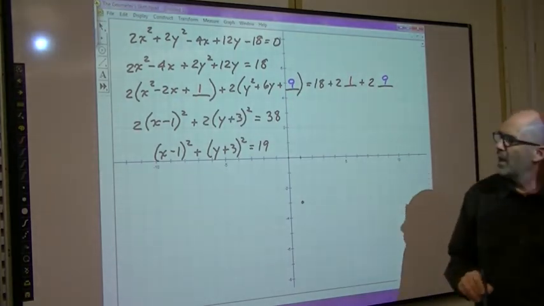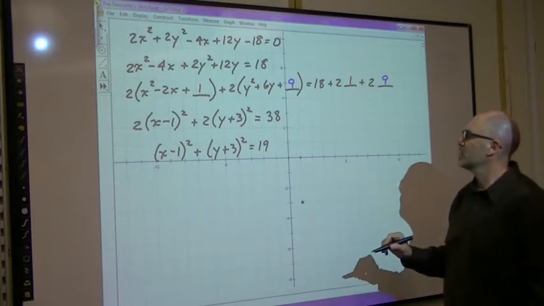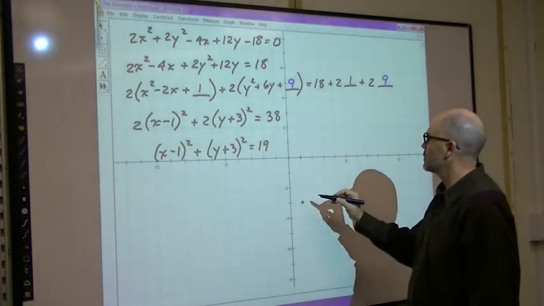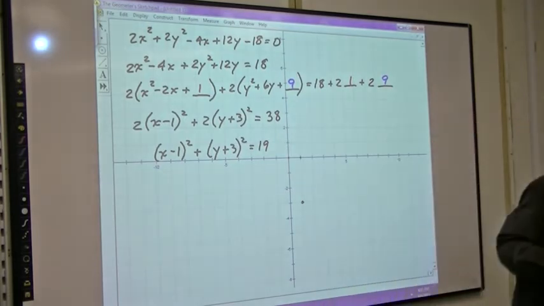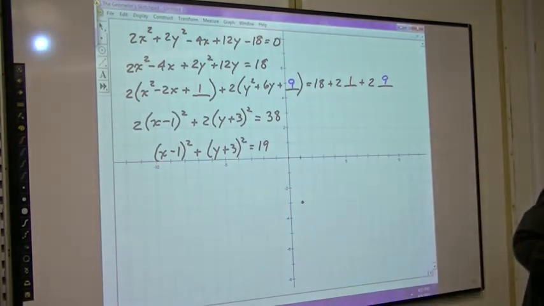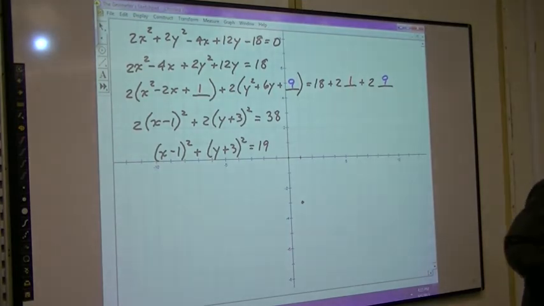So (1, −3) is the center, and the square root of 19 is about 4.35.